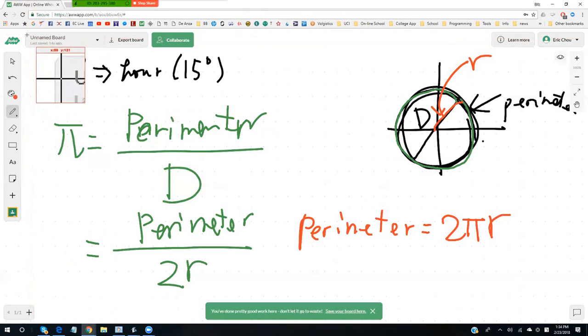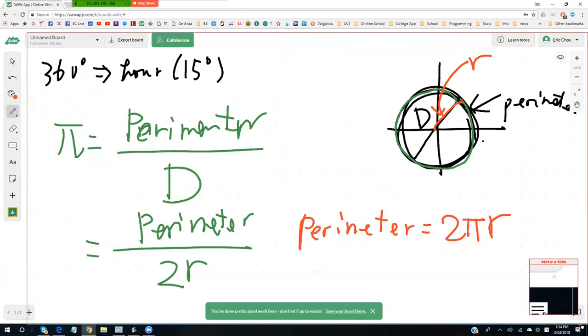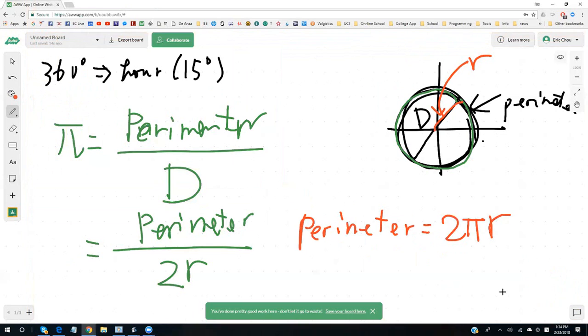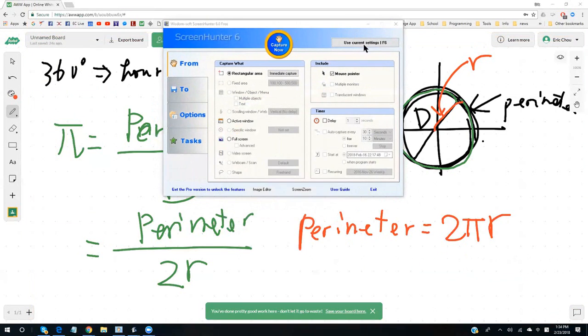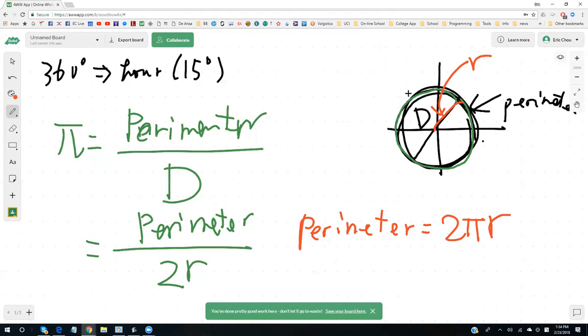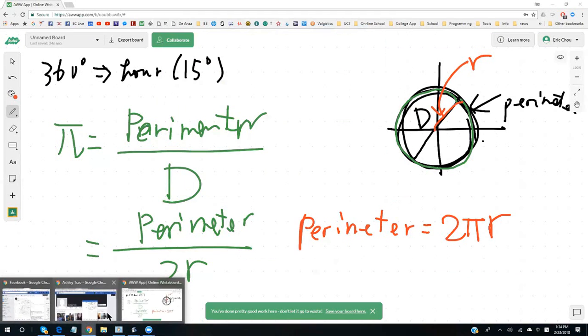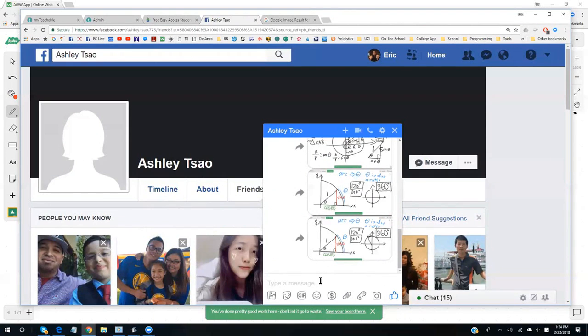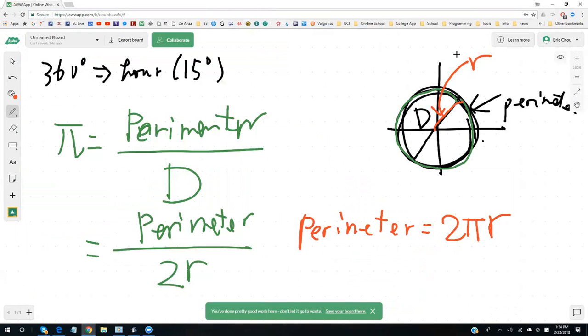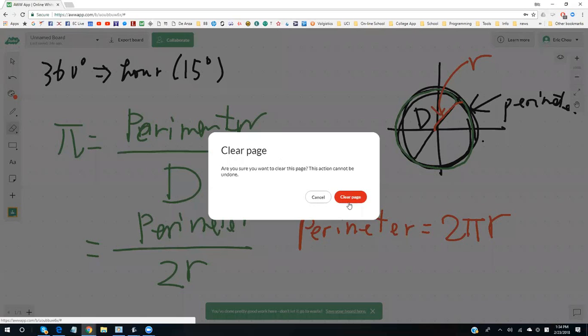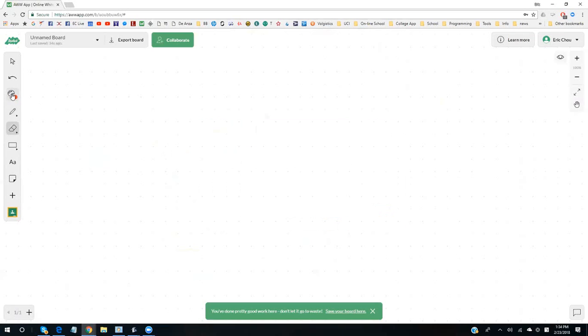That's another ratio. The original definition for that 360 is the number of days the sun travels around. So when you make a circle, one circle is 360 degrees because they believed that's the number of days the sun goes around the earth, and then they cut it into 24 hours for a day.